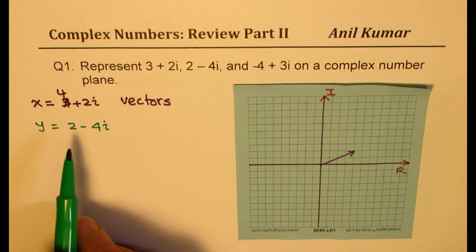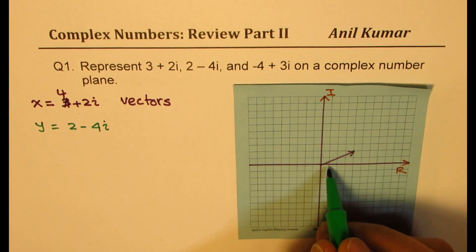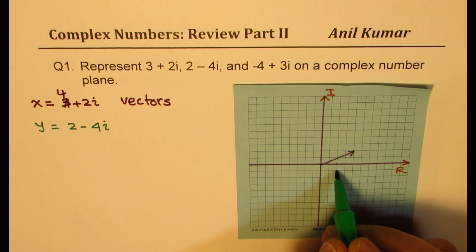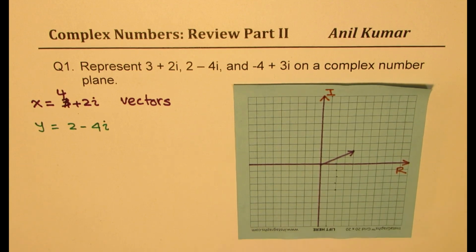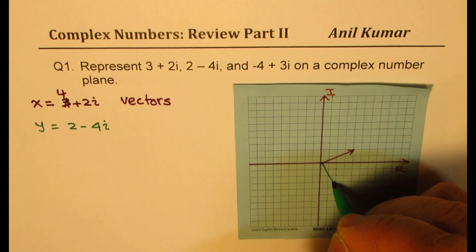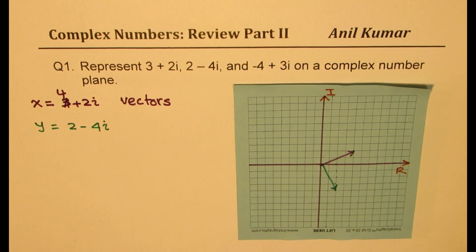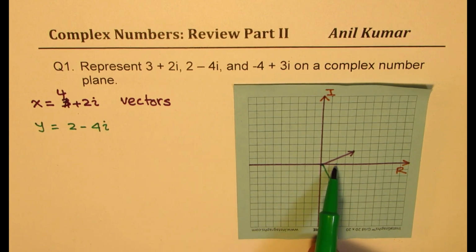Now let's go 2 minus 4i. So 1, 2, and minus 4 means 1, 2, 3, 4. So that becomes 2 minus 4i, right? So you go 2 units to the right and 4 down.